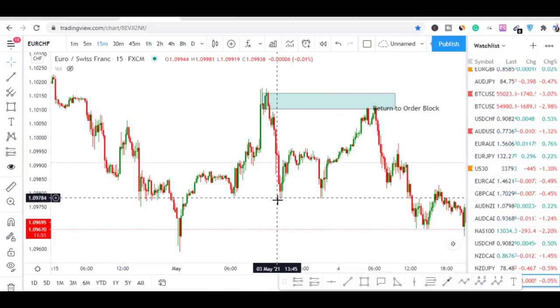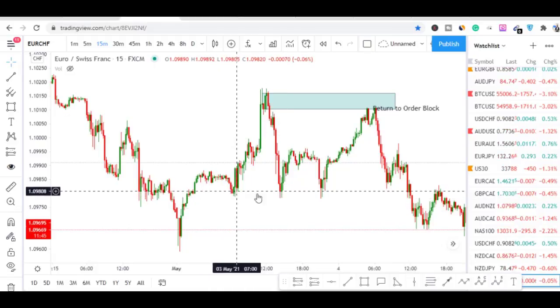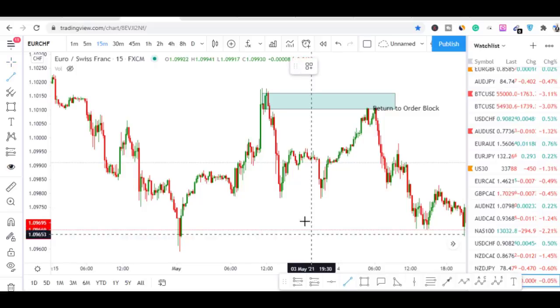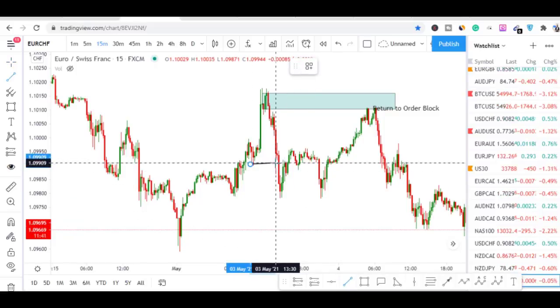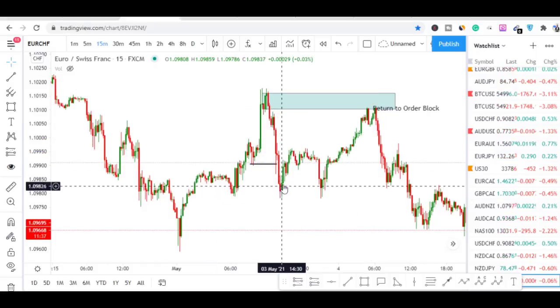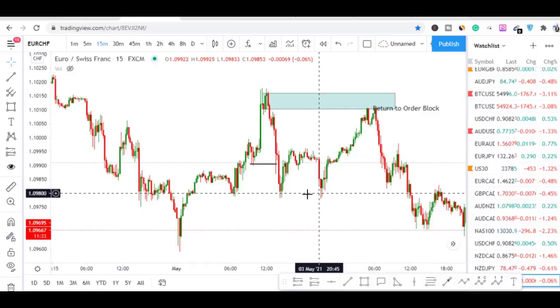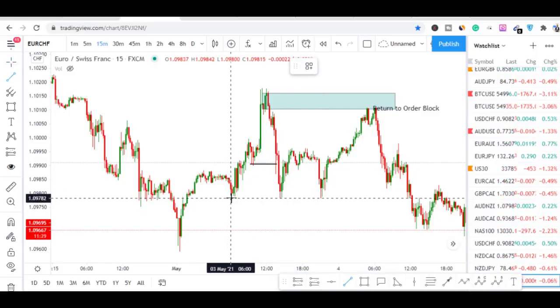Price went down, and though it did not create a new low, it formed an equal low, unless we want to take this as a breaker. Look at that, price rallied down and tried to go up but failed, then tried to come down and failed. And what happened? It created liquidity here, equal low.